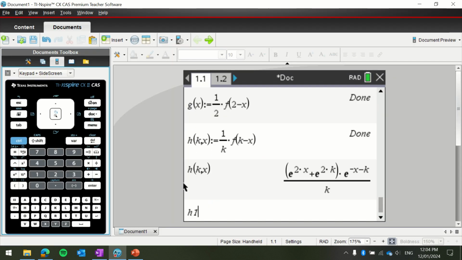And the next step is to define what? Something wrong with my keyboard. Oh yeah, it's all good now.